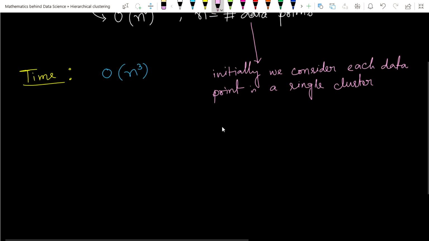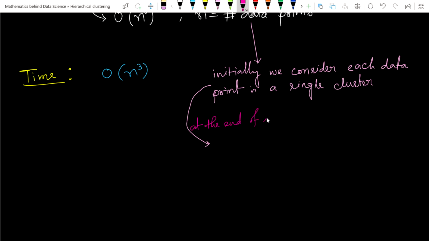At the end of the iterations, we have to make a single cluster.